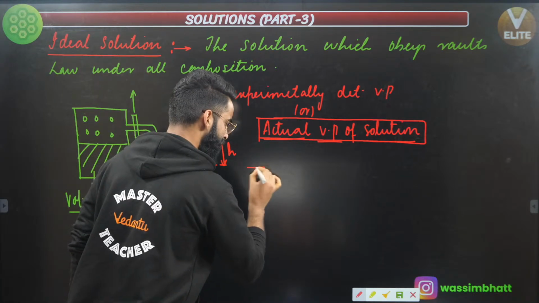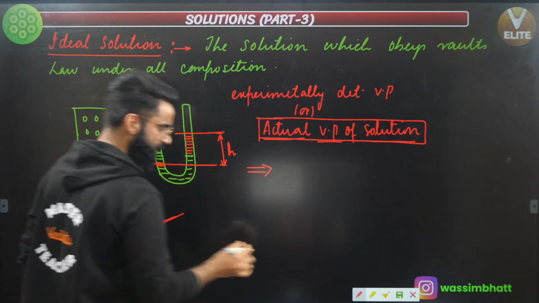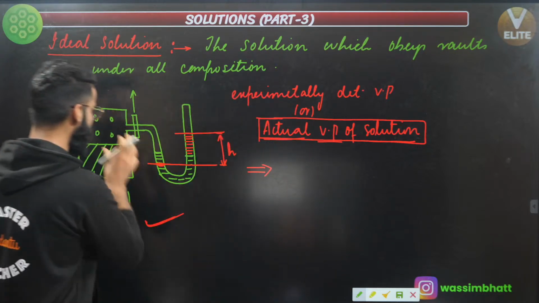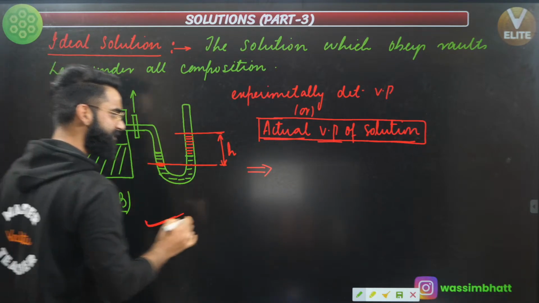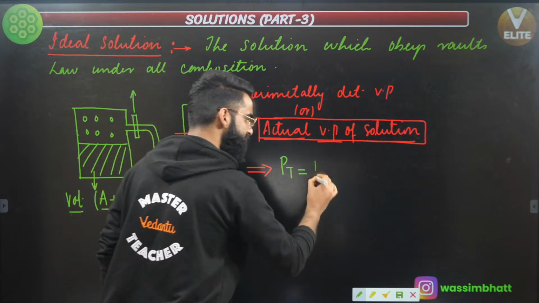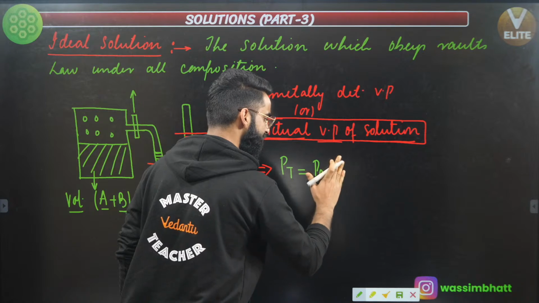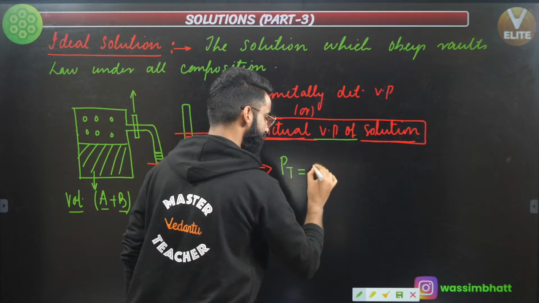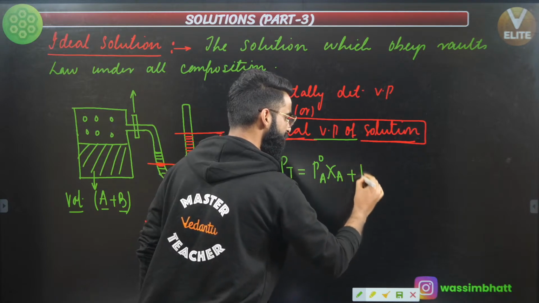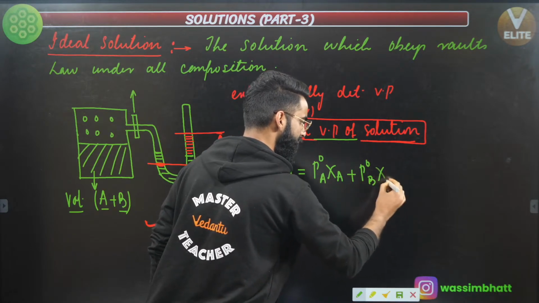Now, in the last session, if you remember, we talked about something called Raoult's law, yeah? As per Raoult's law, I can calculate the vapor pressure of this solution as well, yes? And I can say the total vapor pressure of the solution as per Raoult's law is simply going to be equal to P naught A multiplied by chi A plus P naught B multiplied by chi B, correct?